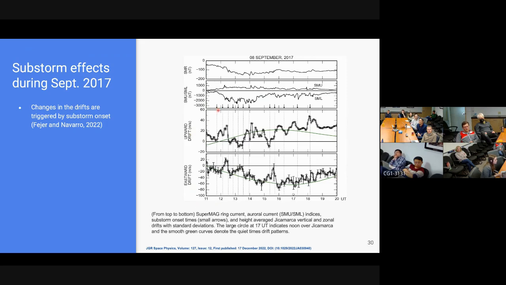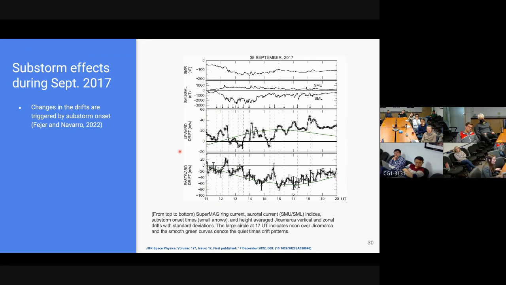Each arrow here is a substorm onset, and they are associating the changes in the drifts with those substorm onsets. Their argument is that these are driven almost entirely by substorms. If this is the case, this is obviously a problem, since RCM has no ability to model substorms.